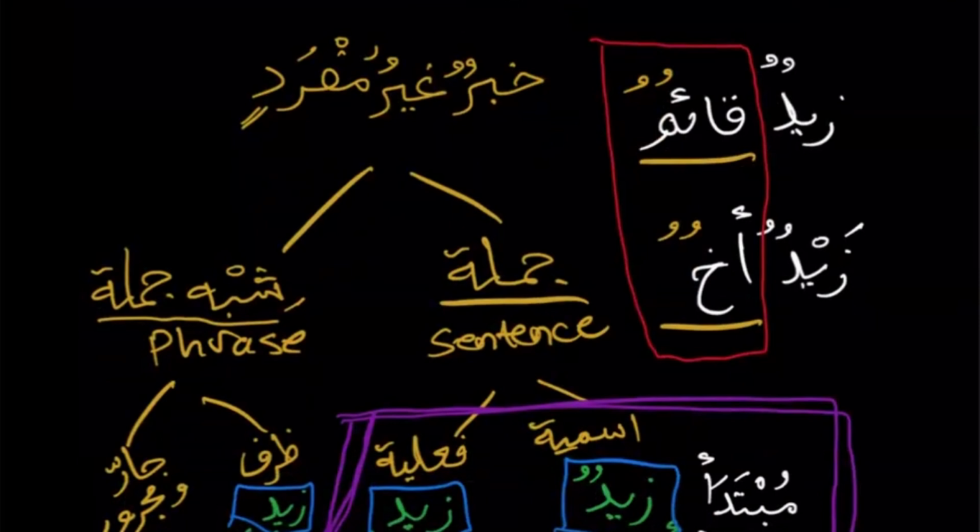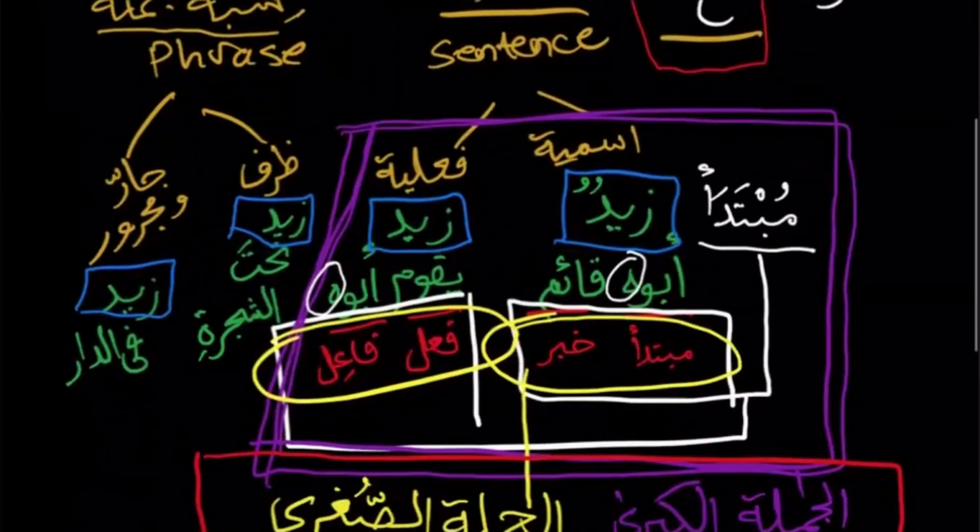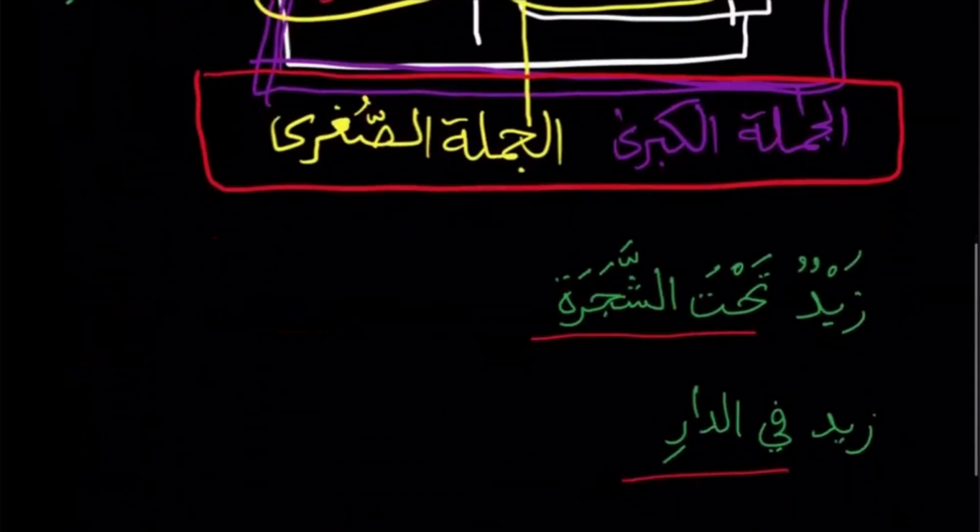Can you tell me? I believe you mentioned it before. Let me think. It has to be something that is implied. I'm not talking about here, I'm talking about just in general. What causes a zarf to be mansoob?